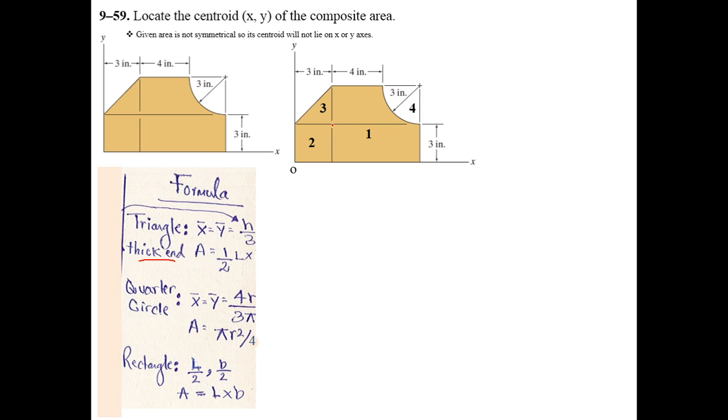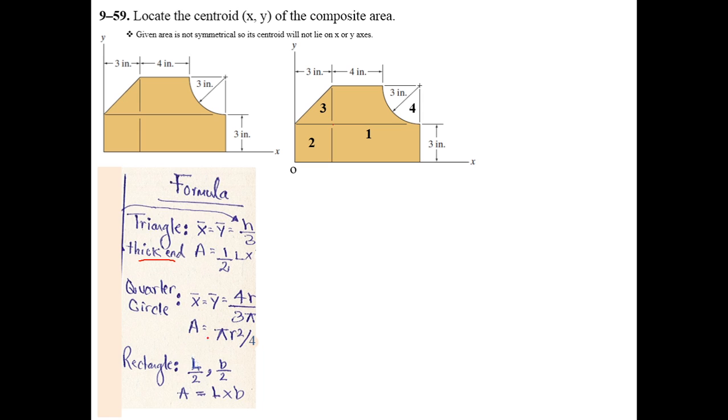So from this point, the centroid in the x direction or in the y direction is defined as h by 3. What is h? This dimension. If you are looking at the x coordinate, then this is h. If you are looking at the y coordinate, then this is the h. And one third of this value gives you the centroid of the triangle measured from the thicker end.